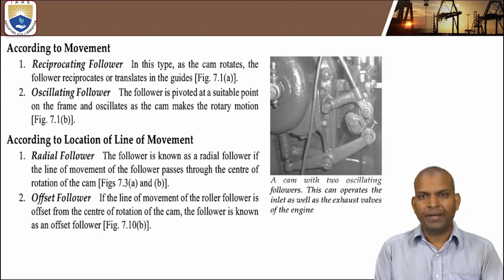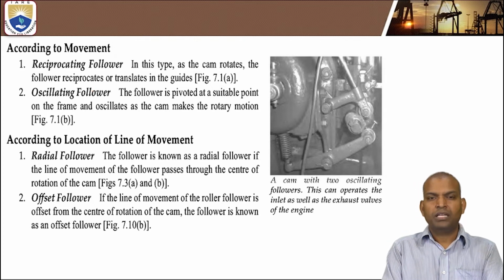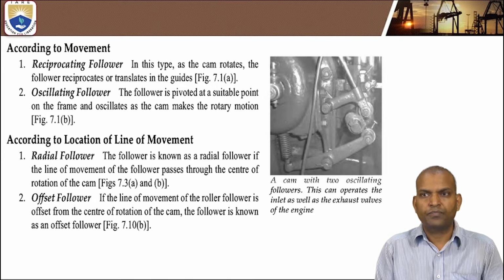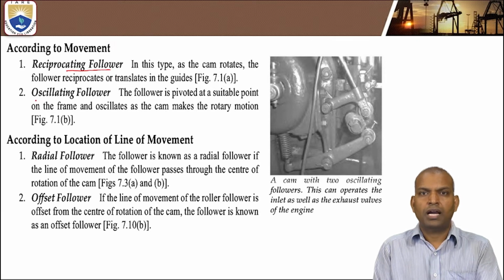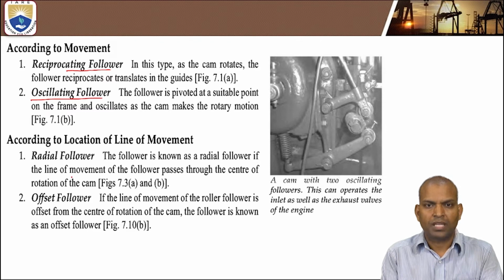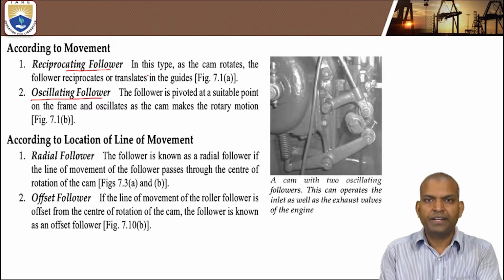Now, according to the movement, the second category. There are two types: number 1, reciprocating follower, and number 2, oscillating follower. Reciprocating followers we have studied already in the figure in chapter 7.